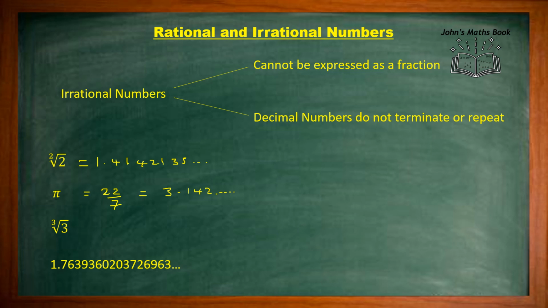Now, in our third example, we're looking at the cube root of 3. Now, the cube root of 3 is equal to 1.44249... Again, the decimal part, or the mantissa, does not repeat or terminate, and all roots, all cube roots in this case, that are not perfect cubes will all be irrational numbers.